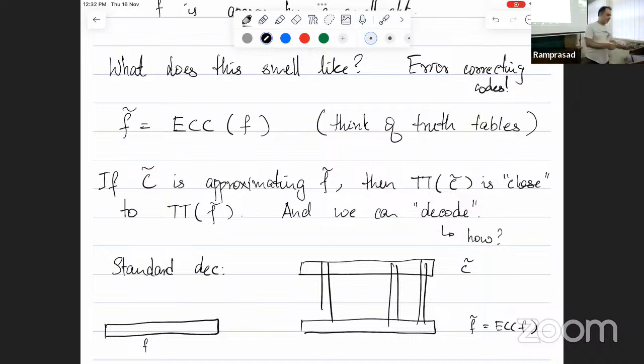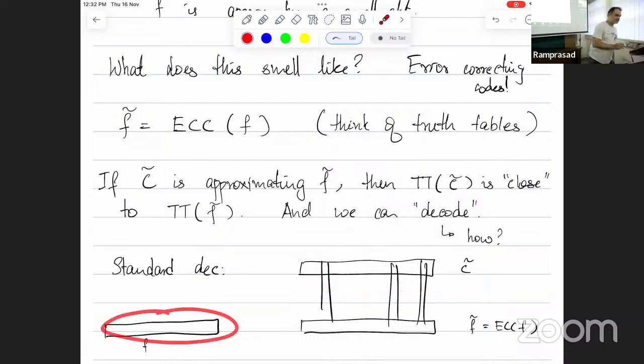Typically, what you have is that if you tell me what this is, I will run in polynomial time and tell you what this is. That's how typically error correcting codes work. But notice these strings are just way too large. What are we eventually going to argue?